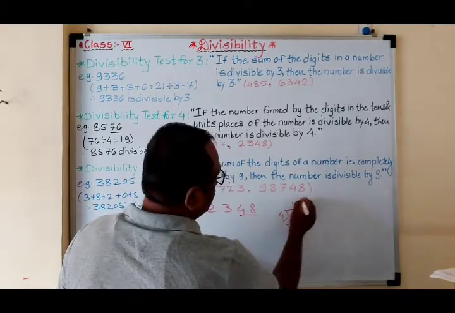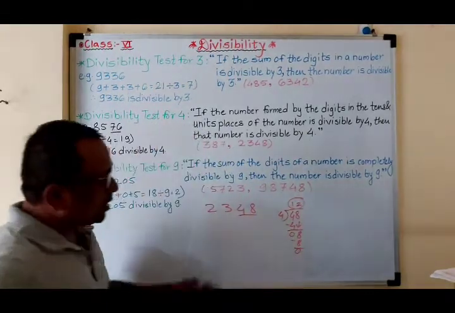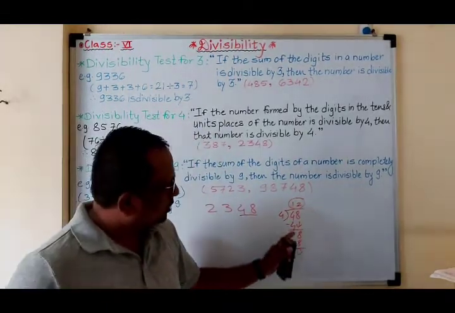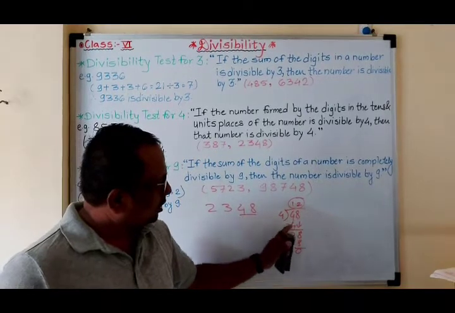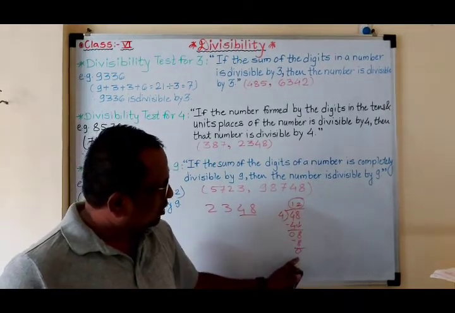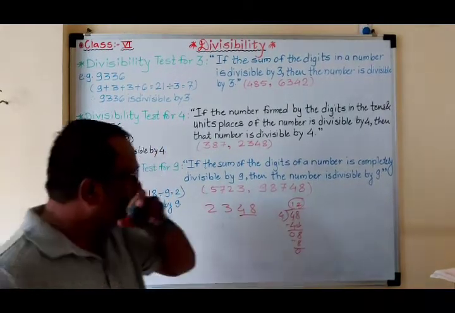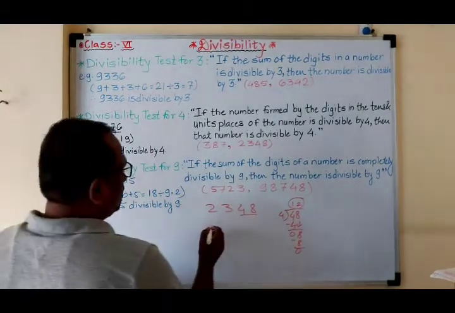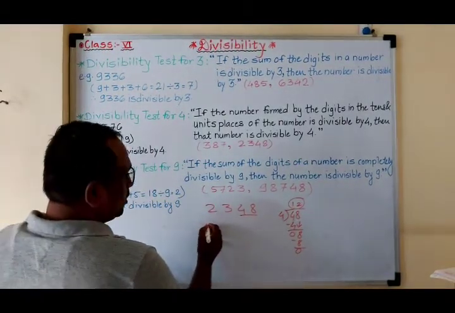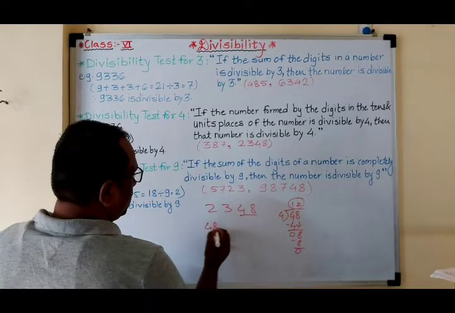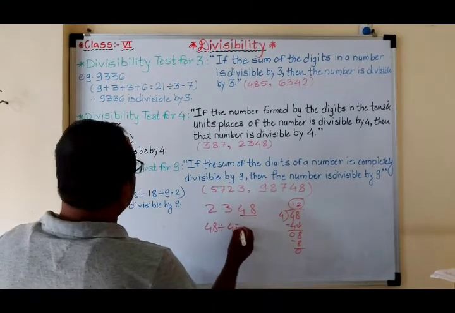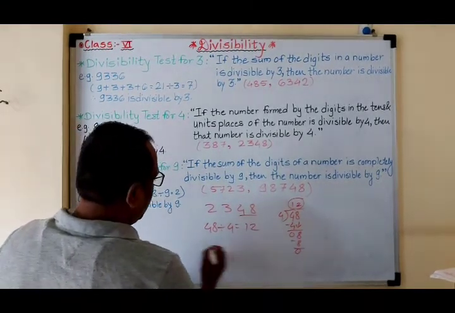We get 0. So here we see the complete division. So remainder is 0 and quotient is 12. So we can write here 48 divided by 4 is equal to 12.